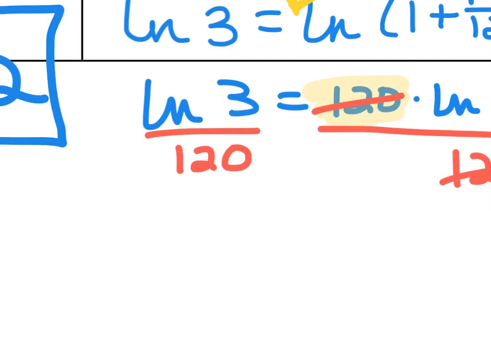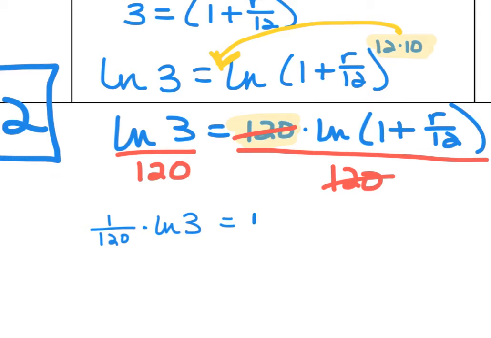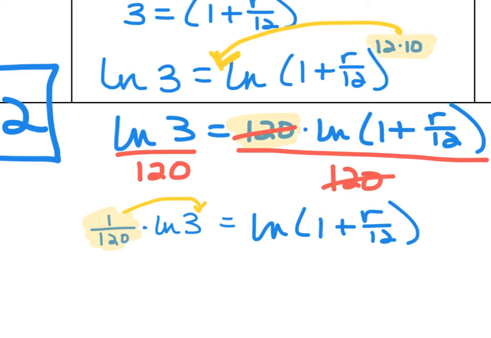When you divide something by a number, isn't it the same as multiplying by 1 over? So 1 over 120 times ln of 3 is the same. And then this 1 over 120 can become an exponent on the 3. It was a coefficient, but let's say that I asked you to condense that.